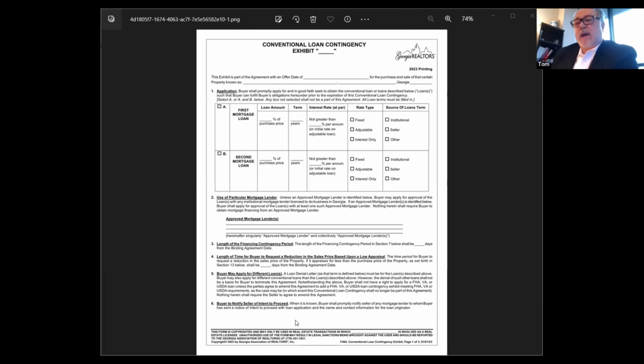Kind of helps the seller for having their home off the market for probably close to 30 days. Anyway, that is on all of the forms, and I want you all to start doing this right now.